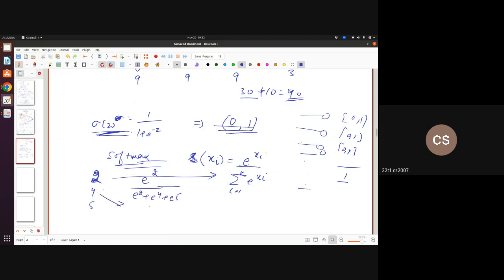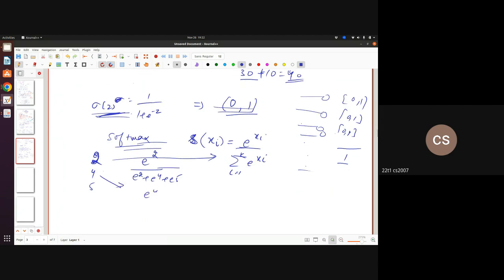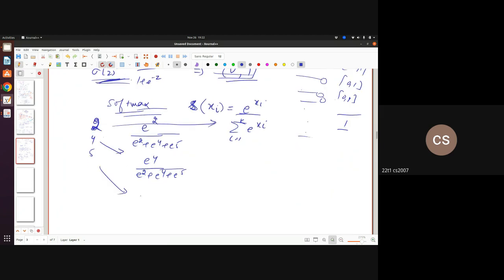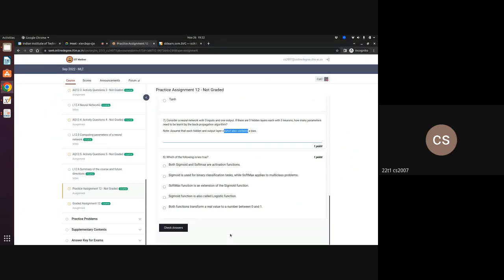The probability pertaining to 4 will be e to the 4 divided by e to the 2 plus e to the 4 plus e to the 5. So the denominator is same for all, as you see, right? So the result is that whatever values are produced by these, the sum is equal to 1. So that's your softmax function, which is used in multi-class classification.